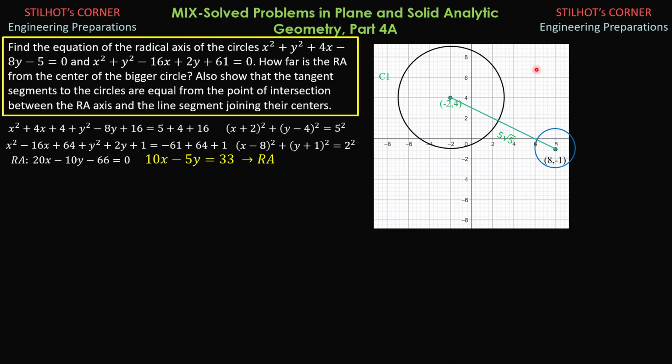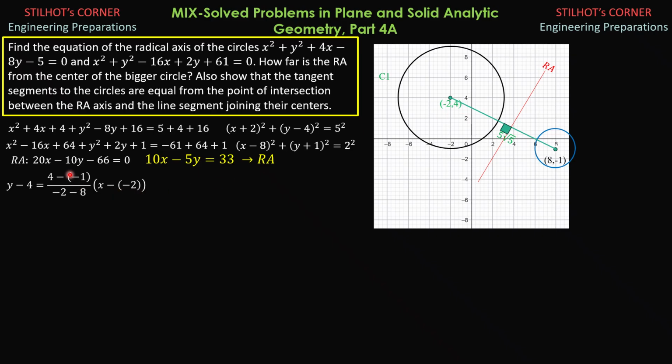Then let's show the radical axis here and find the equation of this green line, the line segment joining the centers, to find the point of intersection between this radical axis and this line segment. Remember, the radical axis is perpendicular to the line segment joining their centers, and you can check that. By two-point form, y minus 4 equals the slope, which is 4 minus negative 1 all over negative 2 minus 8, then (x minus negative 2), or x plus 2.